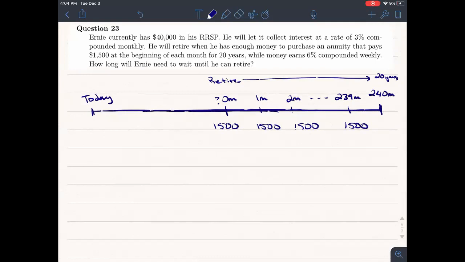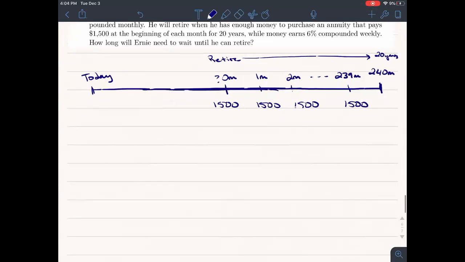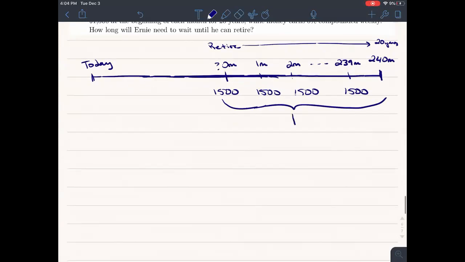And so what's nice is we can use our calculator for an annuity, whereas a perpetuity, we had to do it by hand. It's easy, but we had to do it by hand. All right, and so these payments all funnel back to some present value due because all these payments are at the beginning of each month.